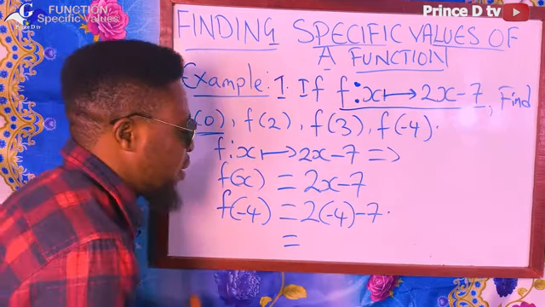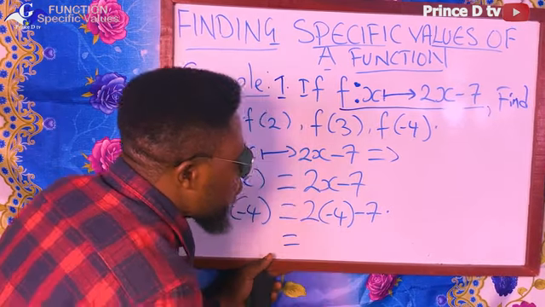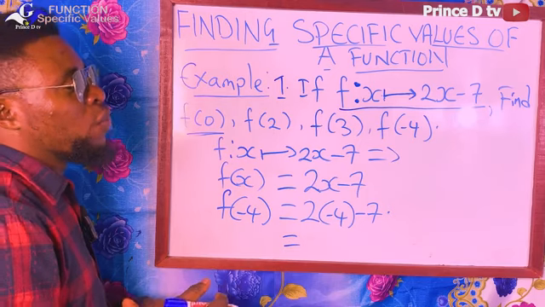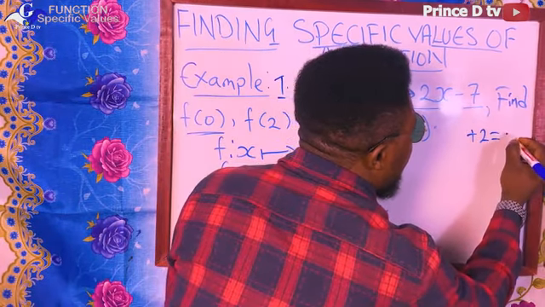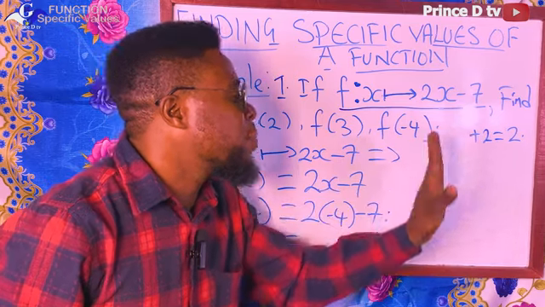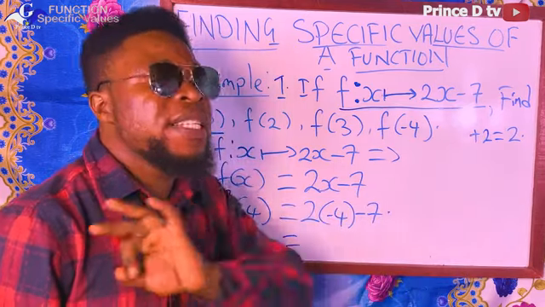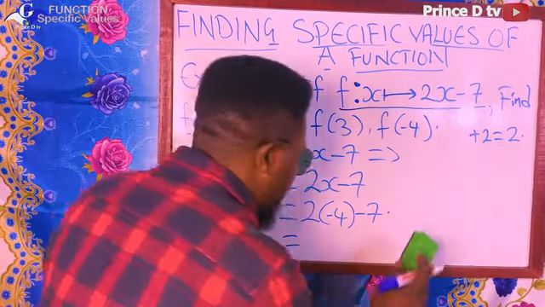So you realize, you ask yourself, this number outside, 2, is a positive 2. Remember I told you positive 2 is the same as 2. For positive, the positive sign must not be written in front. But if it is a negative, the negative must be there. All right? Good.